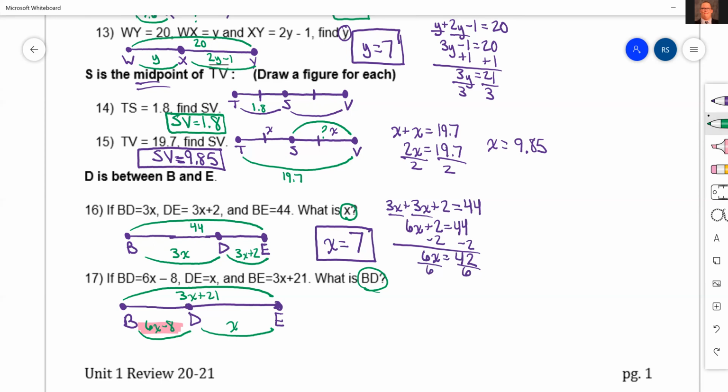Let's find x first. We can do the whole part plus part equals whole again. 6x minus 8 plus x equals 3x plus 21. We got to combine the x's. So 6x plus x is 7x minus 8 equals 3x plus 21.